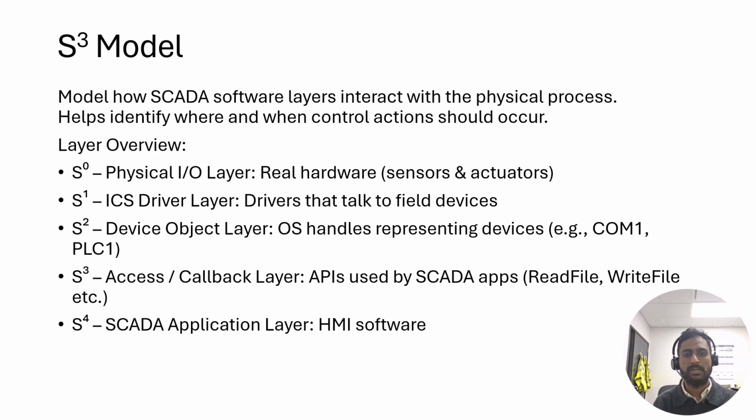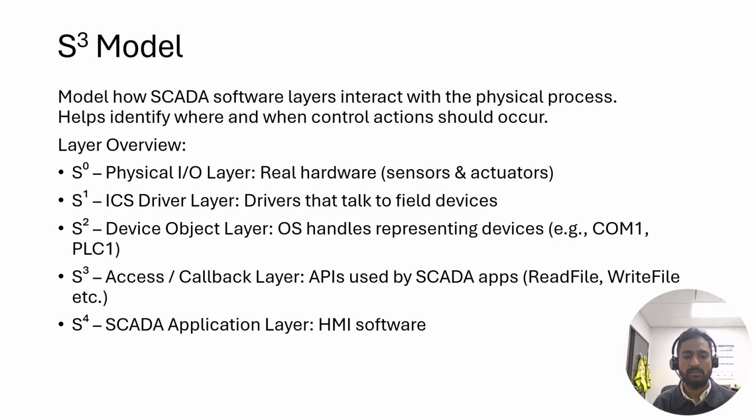In this paper, they introduce a model called the S cubed model, where they characterize the internal layers of SCADA infrastructure and communications into 5 different layers. It has some parallels with the Purdue reference model. In fact, it expands the Purdue layer 1 and 2 into 5 layers.